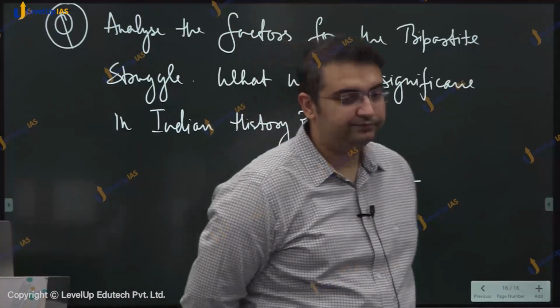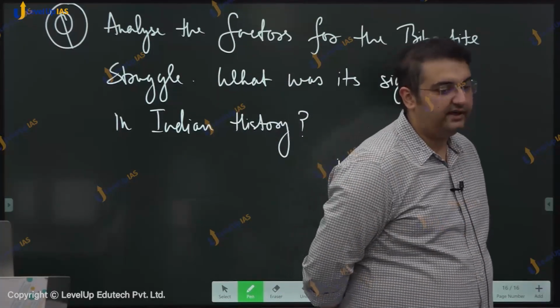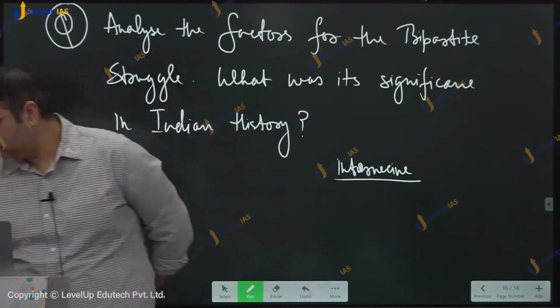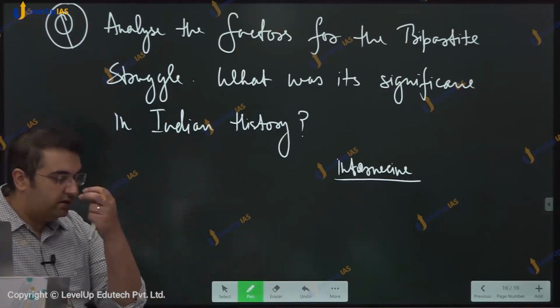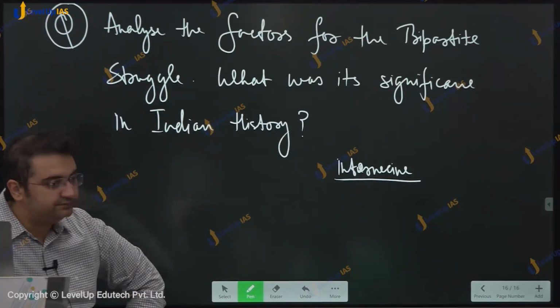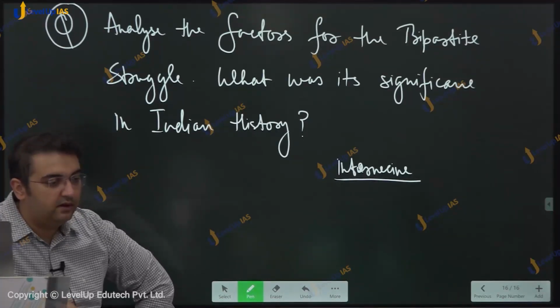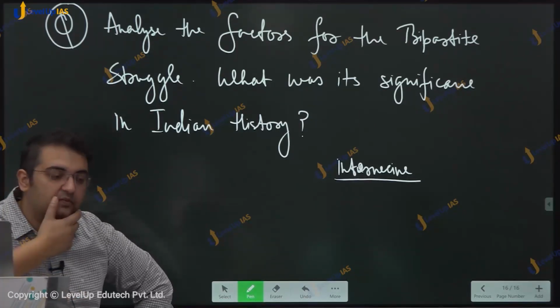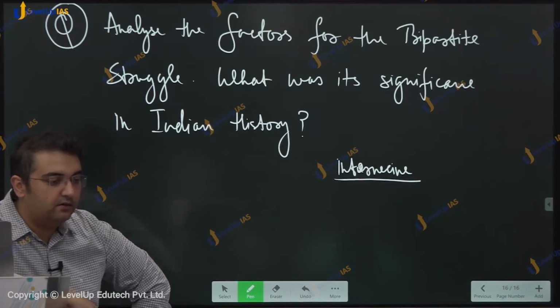namely the Gurjar Pratiharas of Western India, the Palas of eastern India and the Rashtrakutas of the Deccan region. Full stop.